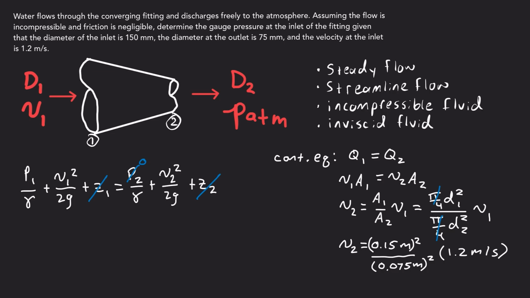Now calculate this: 0.15 squared divided by 0.075 squared times 1.2. We get that our outlet velocity is equal to 4.8 meters per second.